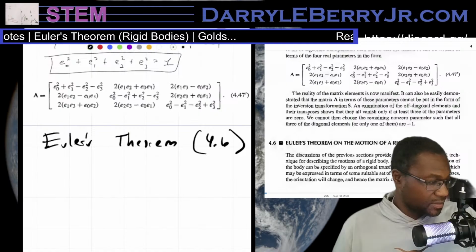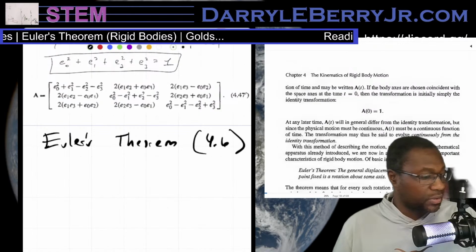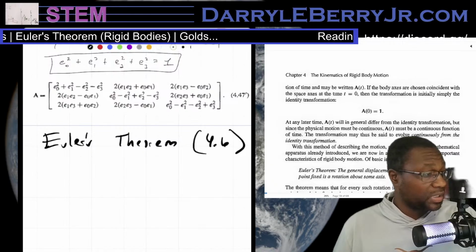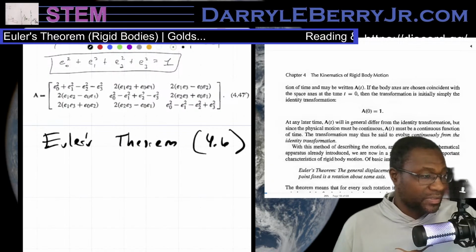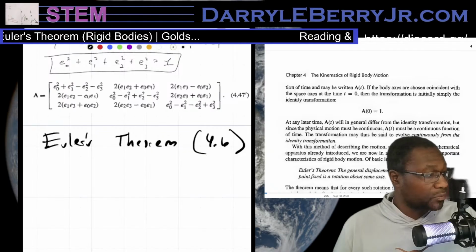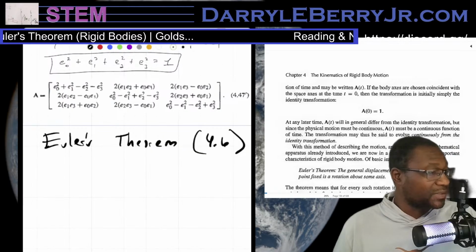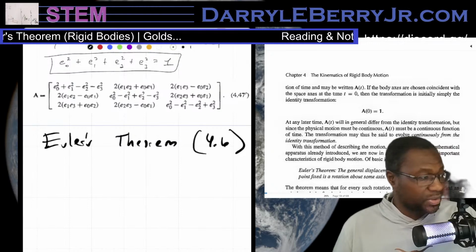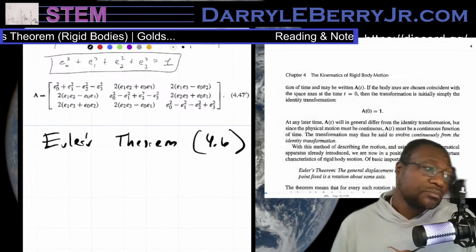As time progresses, the orientation will change, and hence the matrix transformation will be a function of time that may be written as A of t. If the body axes are chosen coincident with the space axes at the time t equals 0, then the transformation is initially simply the identity transformation.